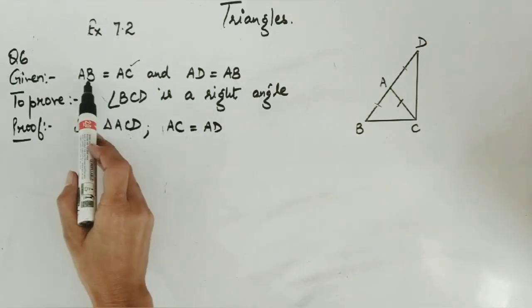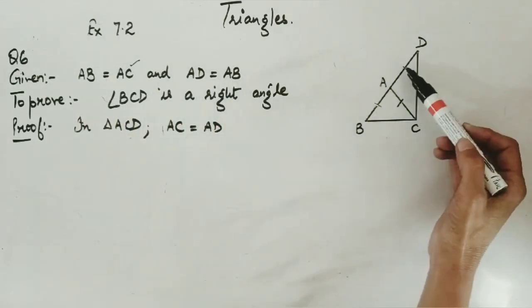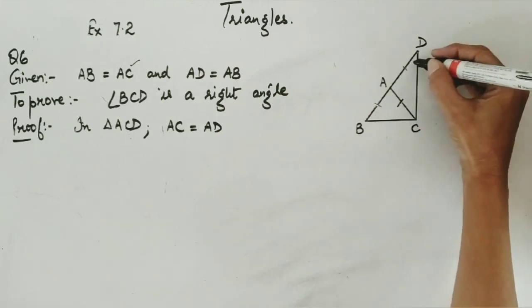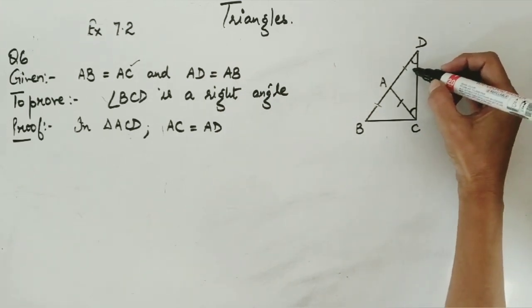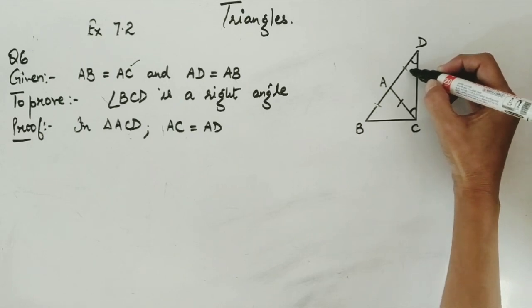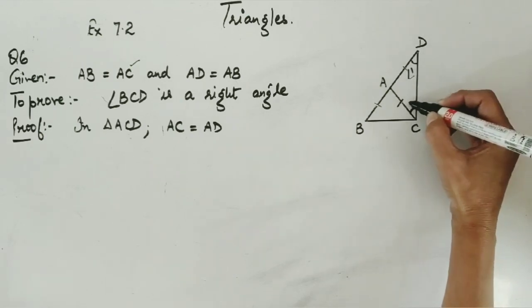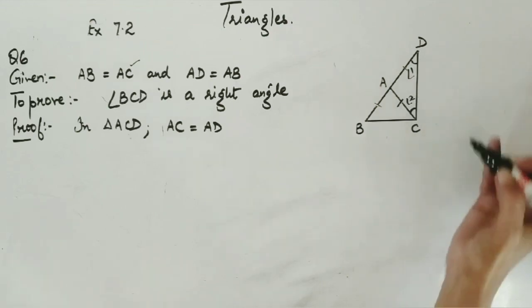Why have they become equal? Because AB was the common side. So if these sides are equal, what can you say about the angles opposite to them? Let me mark these as angle 1, this is angle 2.